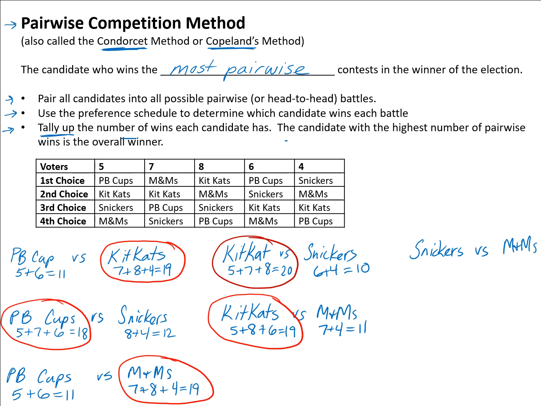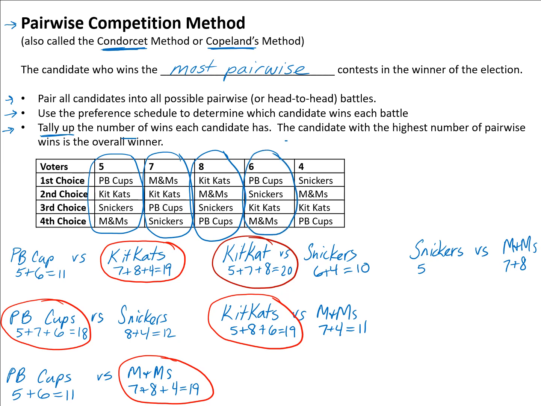Last one would be Snickers and M&Ms. So first group of 5 kids, they prefer Snickers over M&Ms, so 5 votes go to Snickers. The second group of 7 kids, they prefer M&Ms, so 7 votes go to M&Ms. The third group, this is 8 kids, prefer M&Ms, so that's 8 more to M&Ms.